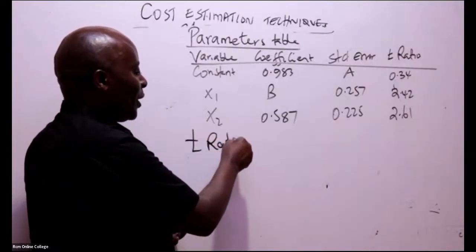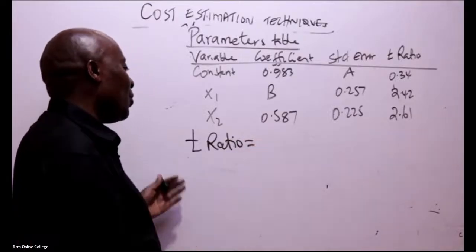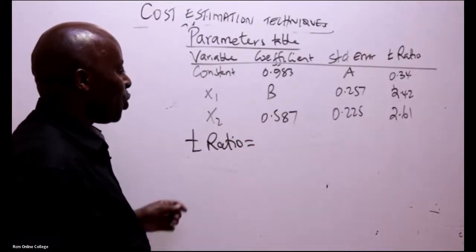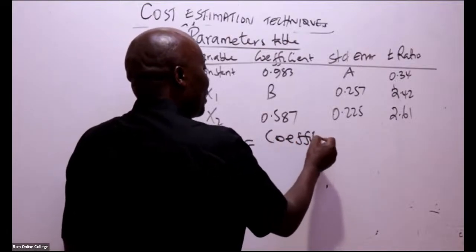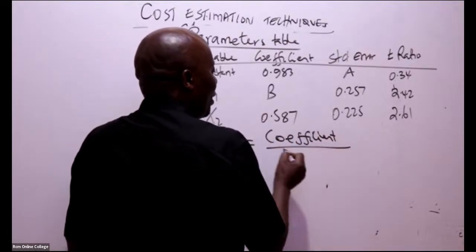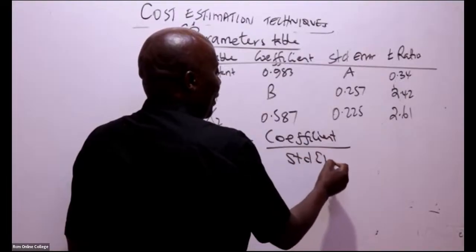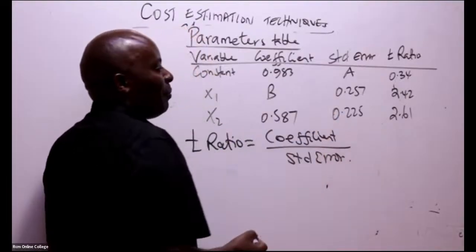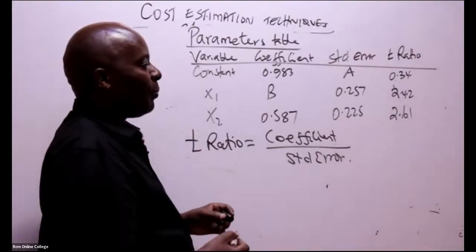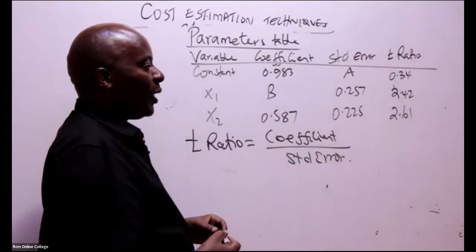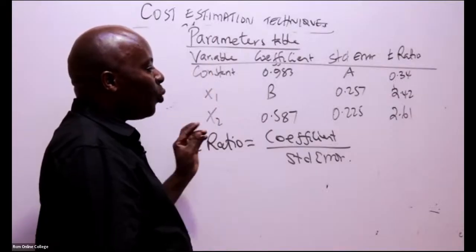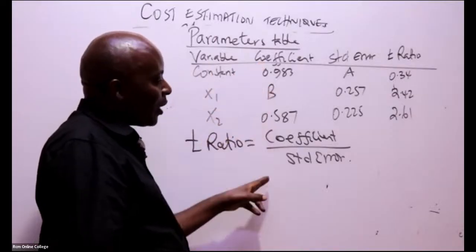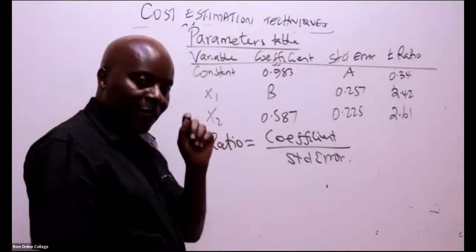To get the T ratio, we normally take the coefficient given all over the standard error. Very, very important for us to know this. Anytime they want us to get the T ratio of any of these variables, we shall take the coefficient given, and then divide that by the standard error.